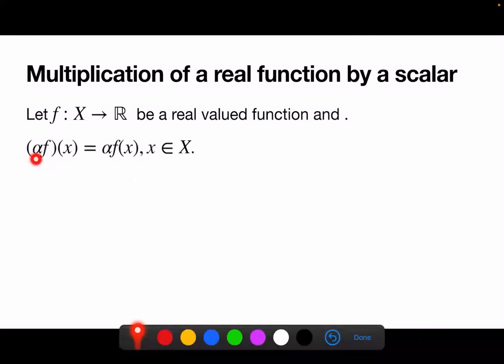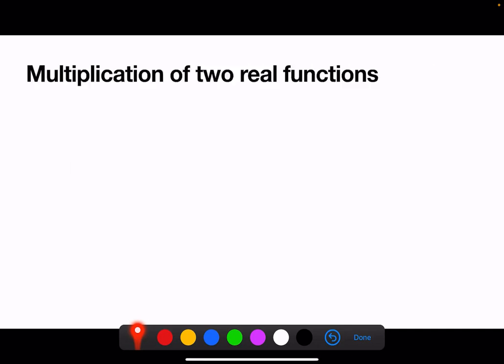If you have a number, a constant, and you are multiplying the function by it, you can keep it as a multiplier, do whatever the function is doing, and once you get the value, multiply it. This is called algebra of functions.